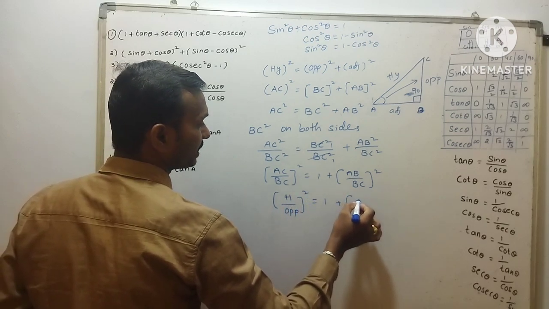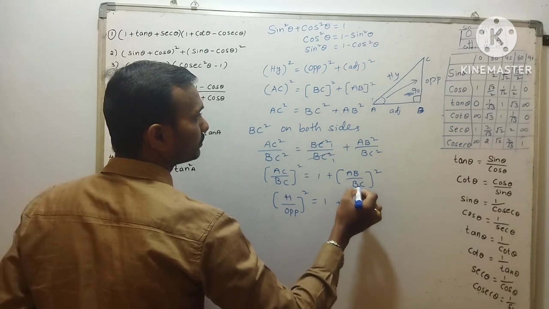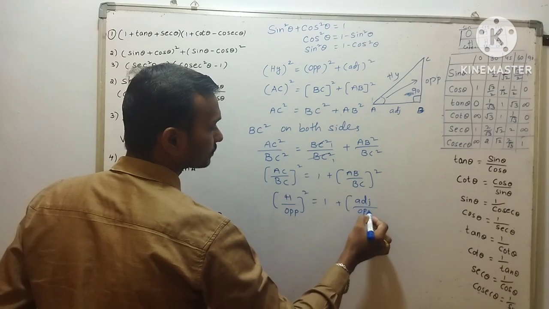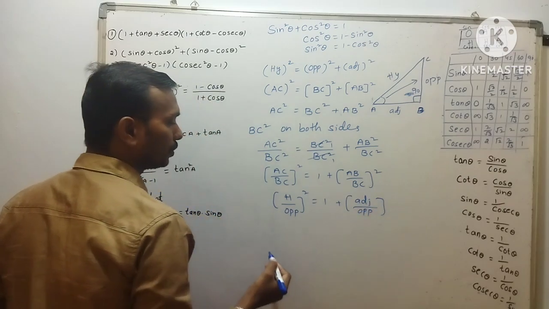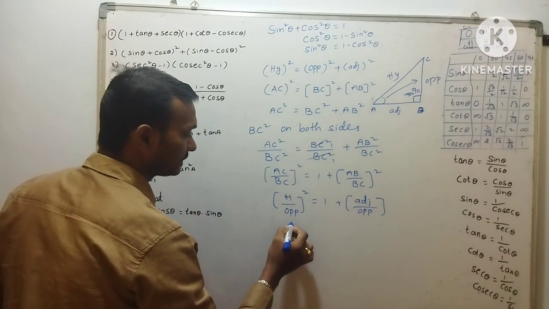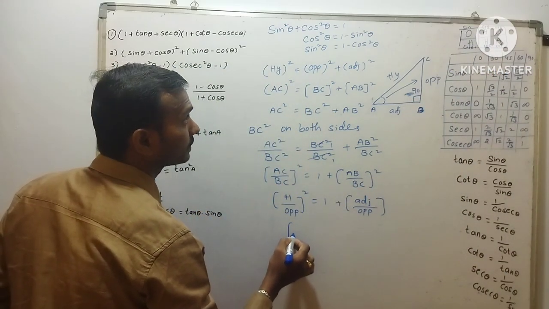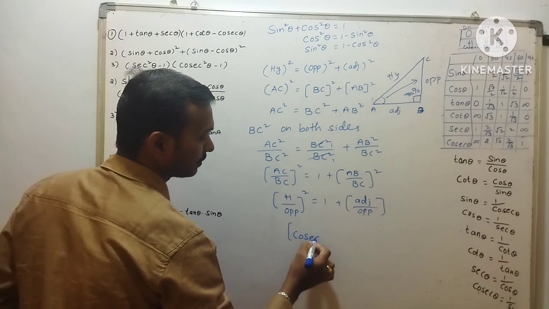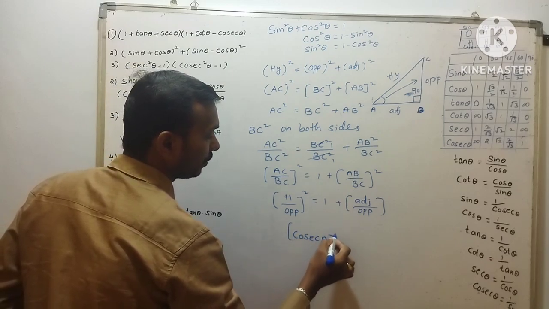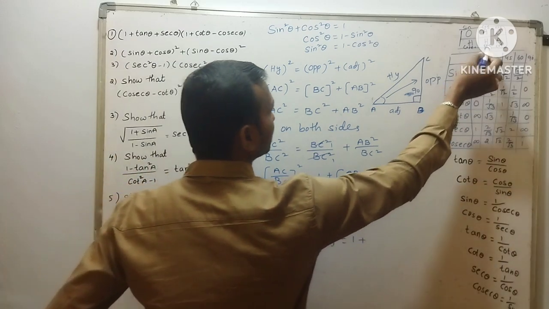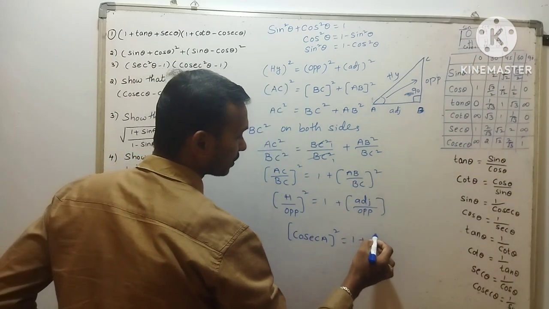Next, AB is the adjacent and BC is the opposite. Hypotenuse by opposite is cosec, so cosec A whole square equals 1 plus adjacent by opposite, which is cot.